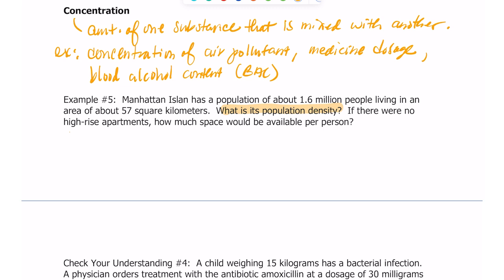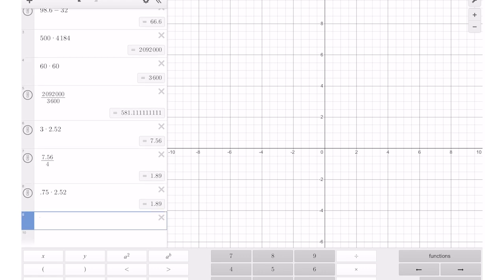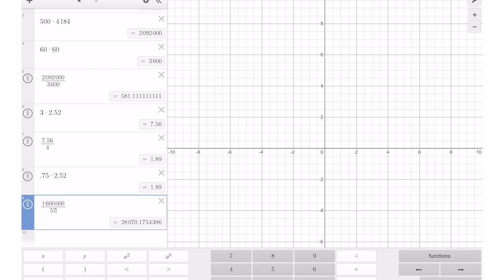So I'm going to be dividing here. I know that the population is 1.6 million. So that's 1,600,000. And I'm going to divide that by the area of Manhattan, which is 57 kilometers squared. So if I divide 1.6 million by 57, we get about 28,070.